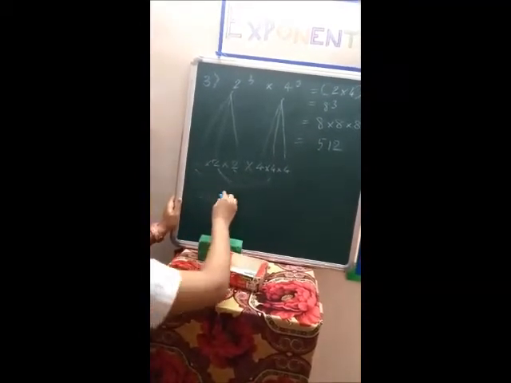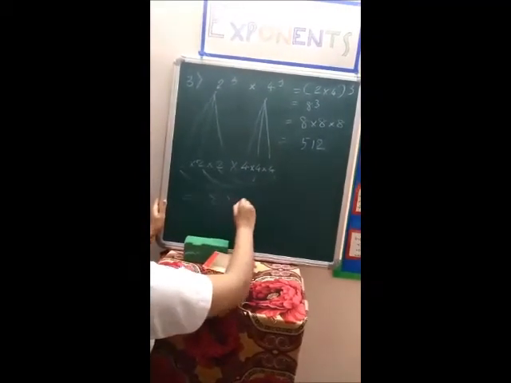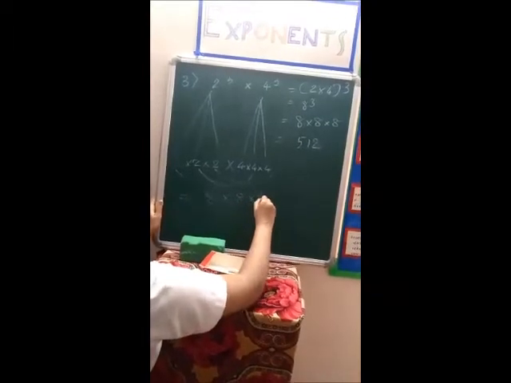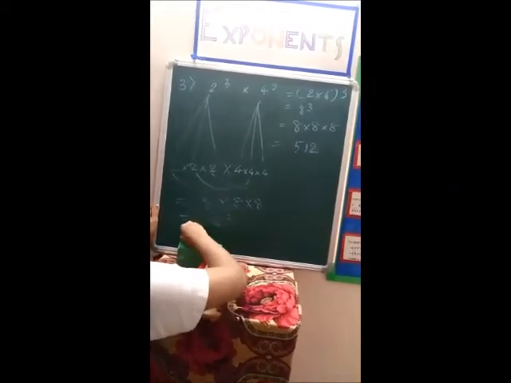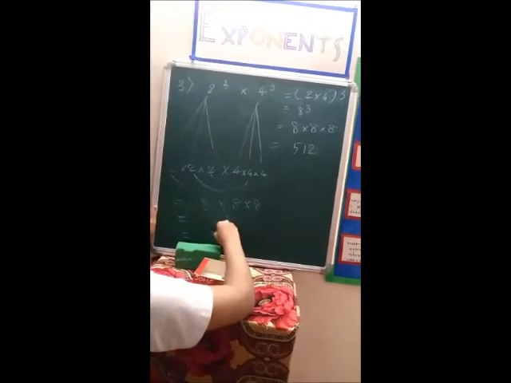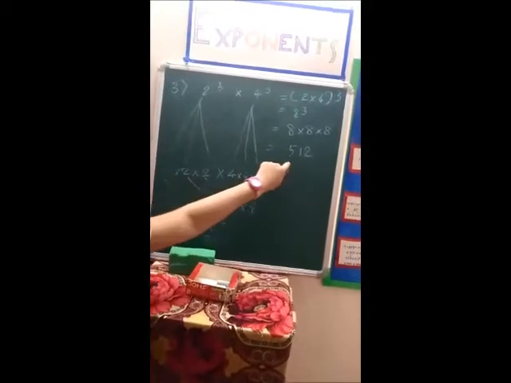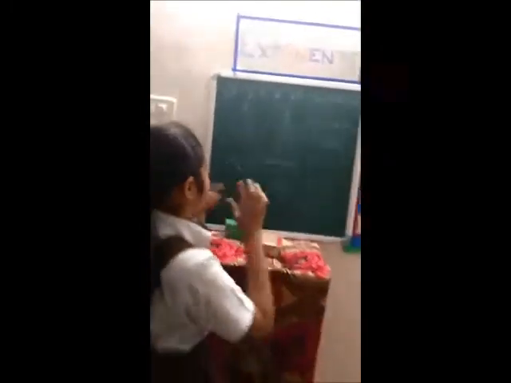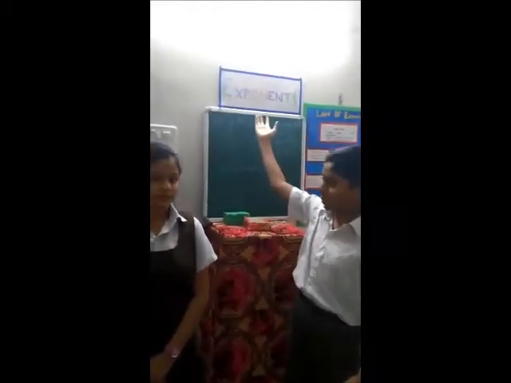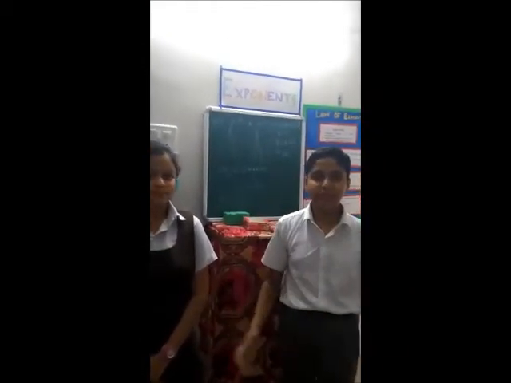That is equal to 8 into 8 into 8, that is equal to 8 power 3 equals 512. Means here is also 512 and here is also 512. Hence proved. So we hope that you all have understood what are exponents and how to prove them. Thank you.